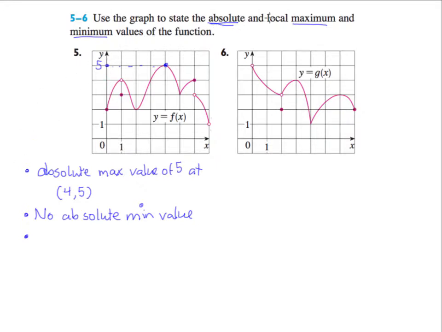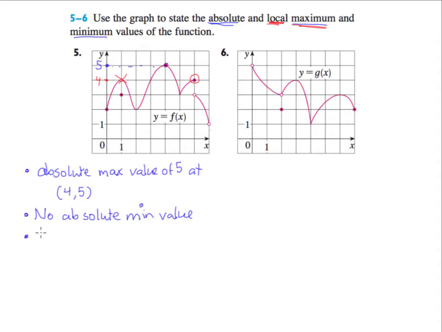Next, let's look at finding the local maximums on this graph. So here it looks like it could have been a highest point, but it's not included in its domain, so we don't include it. So our first local maximum value appears to be occurring at 4.